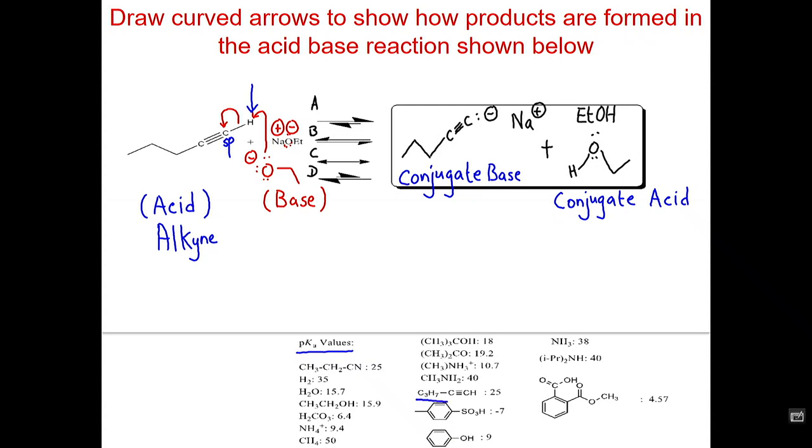Terminal alkynes have a pKa of around 25. And the conjugate acid is alcohol, ethanol. Listed here is a pKa of 15.9.